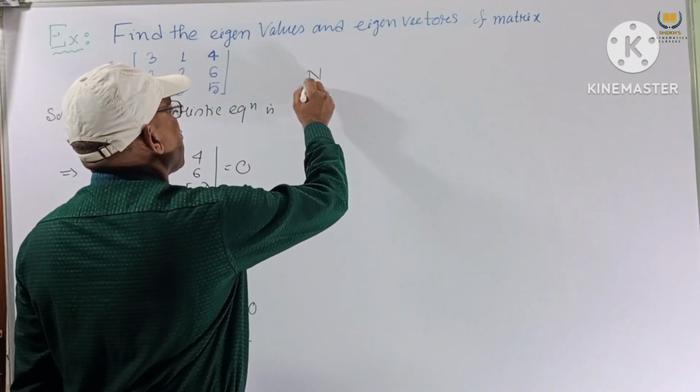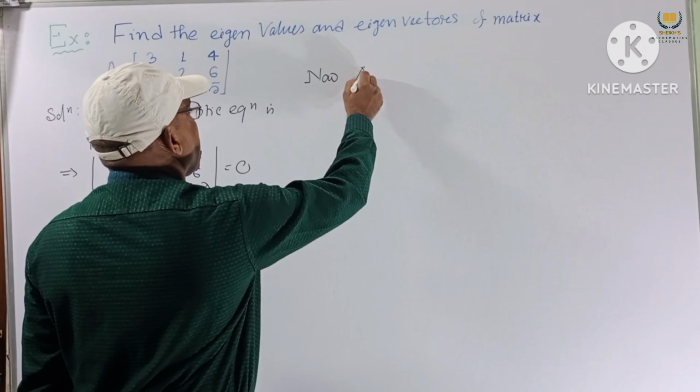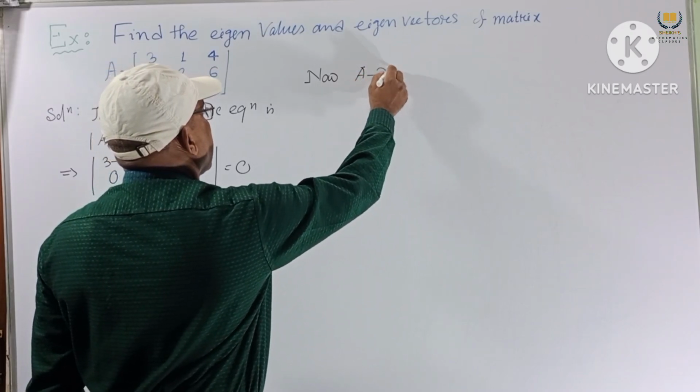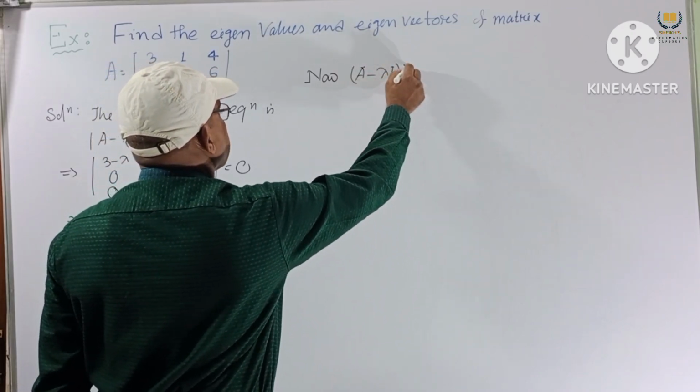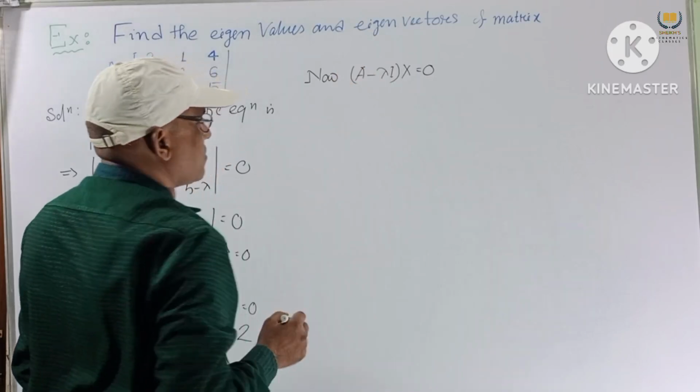Now we have to find (A minus lambda I)x equal to 0.